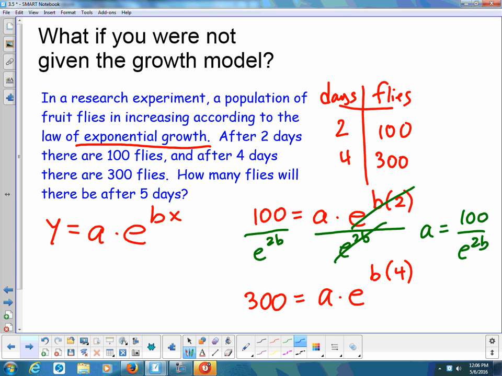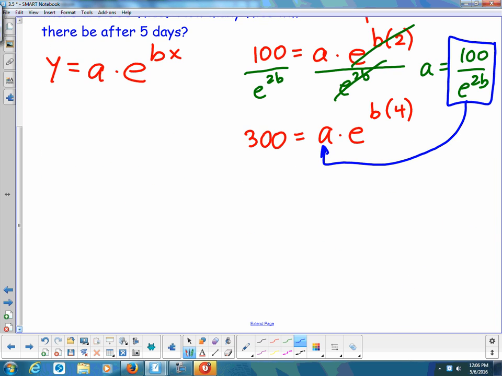Then I'm going to take this expression for a and pop it in right here, and that's called substitution.